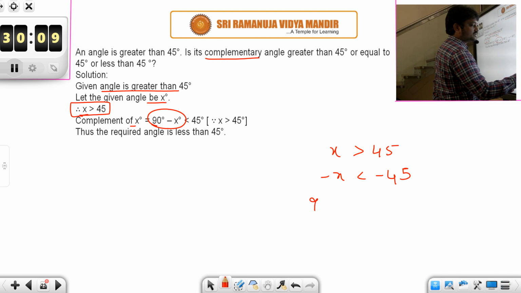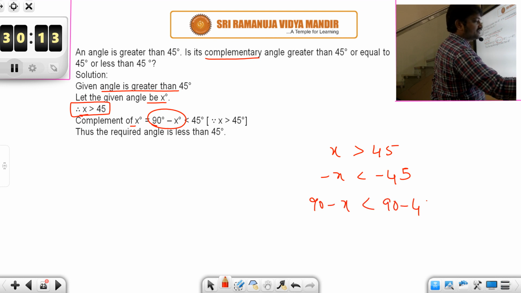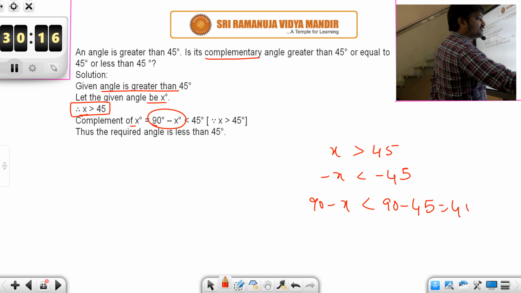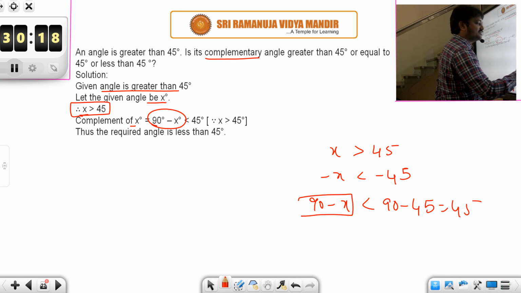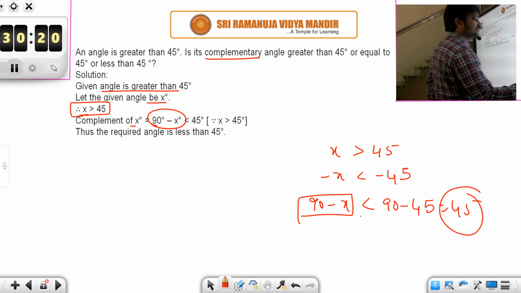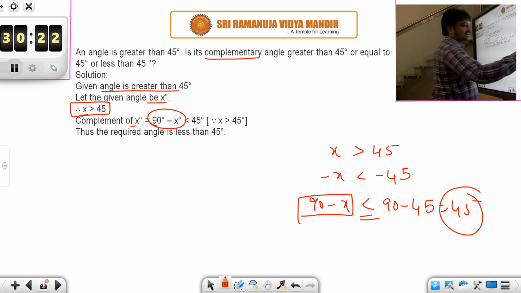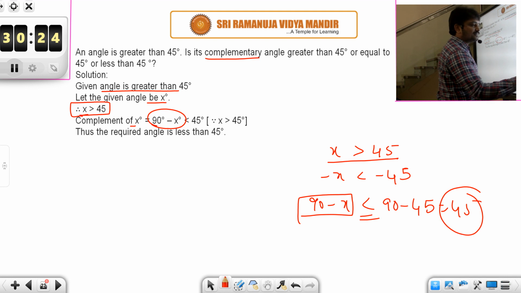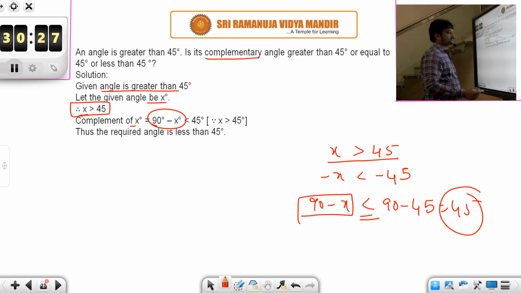Now add 90 on both sides, you will get 90 minus x is less than 90 minus 45, which is 45. So 90 minus x will be less than 45. The answer is, whenever x is greater than 45, its complement will be less than 45.